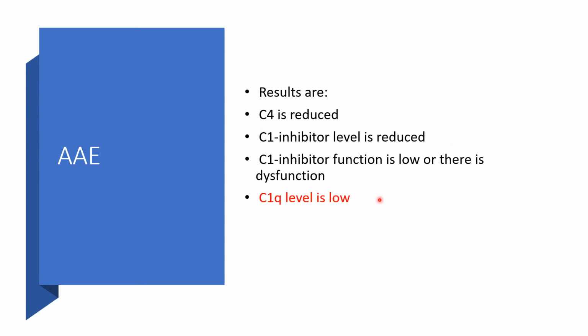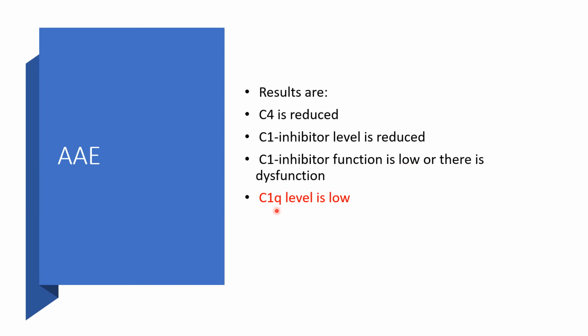So you've done your complement studies and some other investigations. You're likely going to find these results. C4 will be low because it's being mopped up by the neoplasm, right? C1 inhibitor level will drop, and C1 inhibitor function will be low or there will be dysfunction.